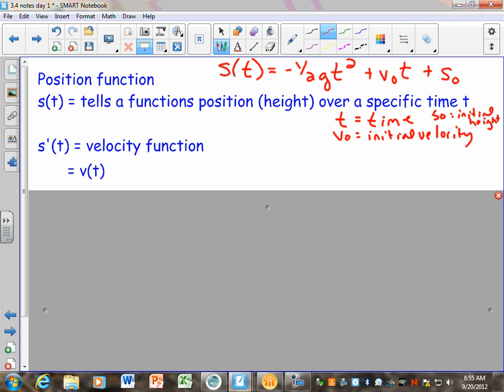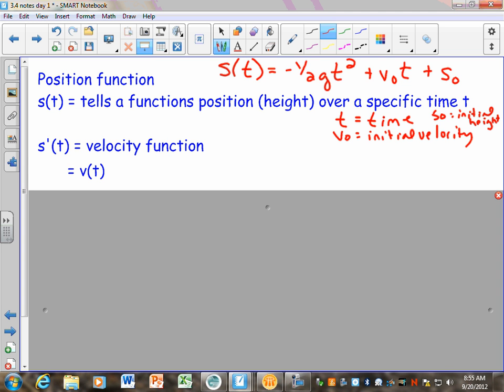So if you want to know the velocity, or how fast that's going at a certain time, you can just take the derivative and plug in whatever time that is, and you will get the velocity. And so S prime of t is the same as the velocity at t. So those are equal to each other.